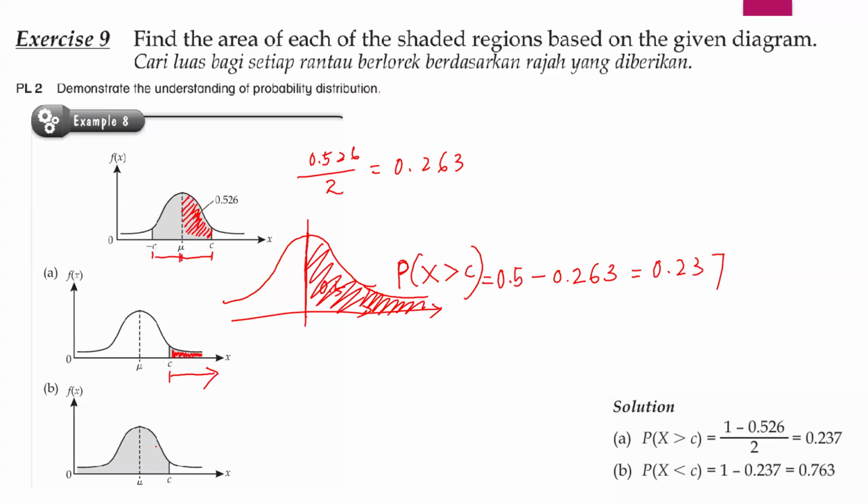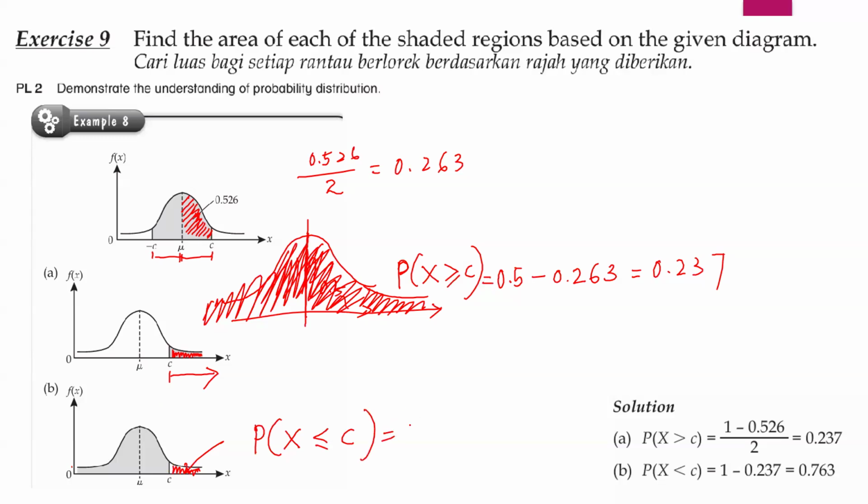Okay, for the second one, I get the probability over here already. So I need the probability for the whole. The whole probability of the area under the line is 1. So I need this one, where the probability X less than C. I'm sorry, I don't forget the equal because it's a solid line.